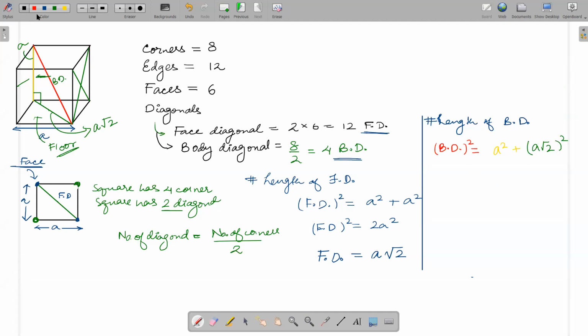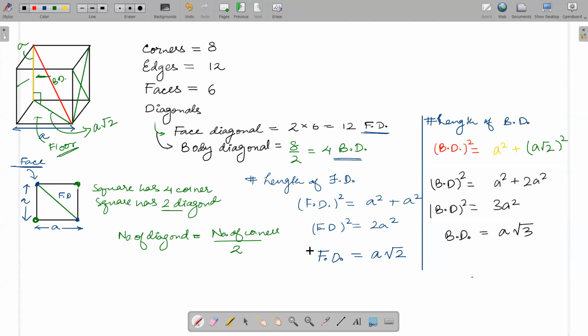So BD square is A square plus 2A square, since root 2 square will be 2. This will be equal to 3A square, and this is BD square. So BD will be equal to A root 3.